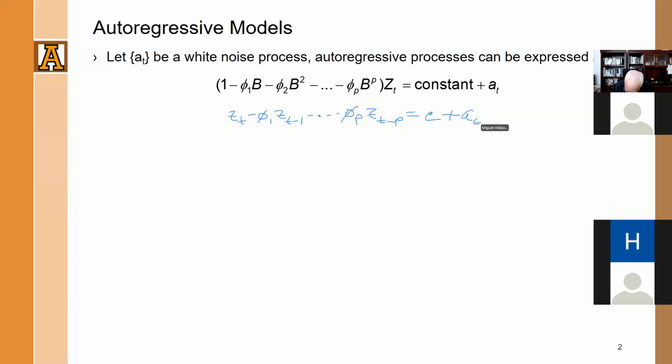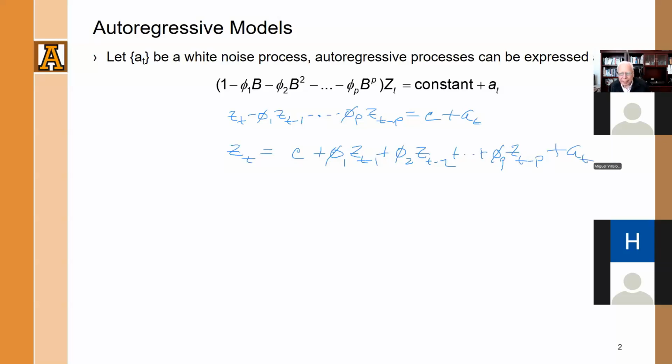So we can write this as Z_t equal to a constant plus phi 1 Z_{t-1} plus phi 2 Z_{t-2}, all the way up to phi p Z_{t-p}, plus a_t.